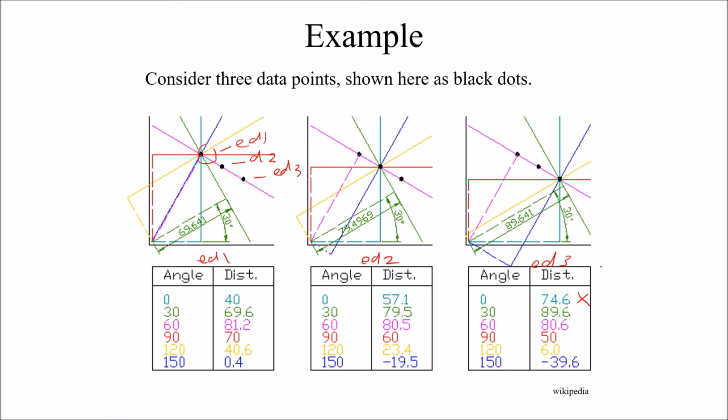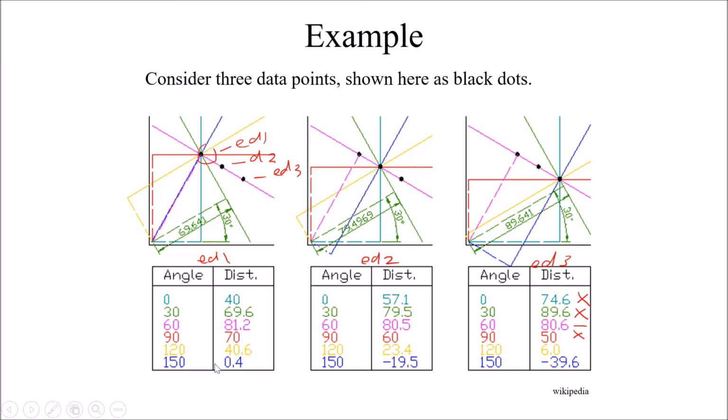So it can be clearly concluded that this does not belong to the line. The third one is 81, 80.5, 80.6, which is quite consistent. So we just mark the thing first. For 90 degrees, 70, 60, 50, so it's not consistent.